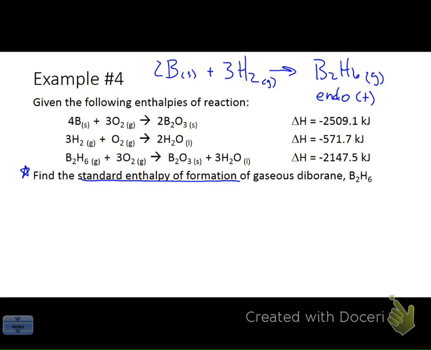If we begin with the first thing, boron, in this first step, if I multiply it by 1/2, we can get everything that we need. So we're going to have 2 boron plus 3/2 O2, and we will get B2O3.